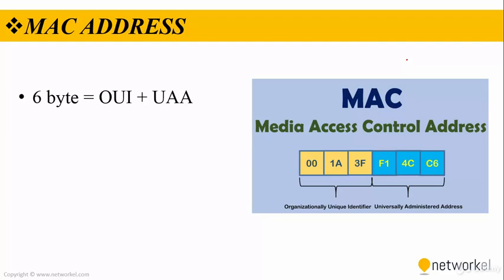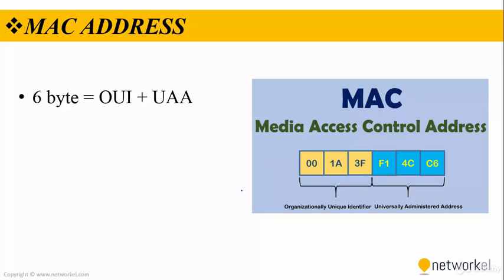MAC addresses are used as a network address for most IEEE network technologies, including Ethernet and Wi-Fi. Logically, MAC addresses are used in the Media Access Control sublayer of the OSI model. An organizationally unique identifier is a 24-bit number that uniquely identifies a vendor, manufacturer, or other organization.